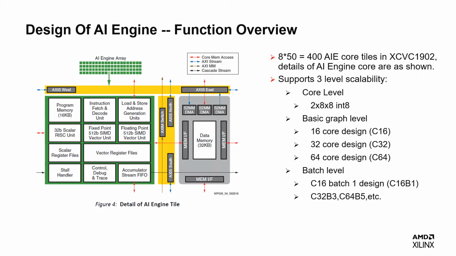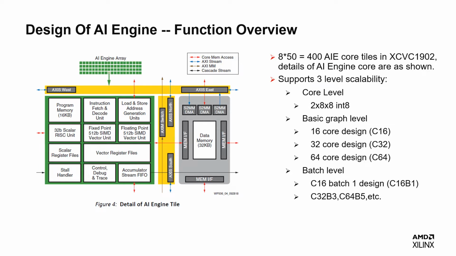Each AIE core computes a subvolume of the output feature map in one iteration. The size of the subvolume is controlled by parameters at runtime in order to achieve optimal efficiency. These parameters are calculated offline according to sets of layers in the network model.